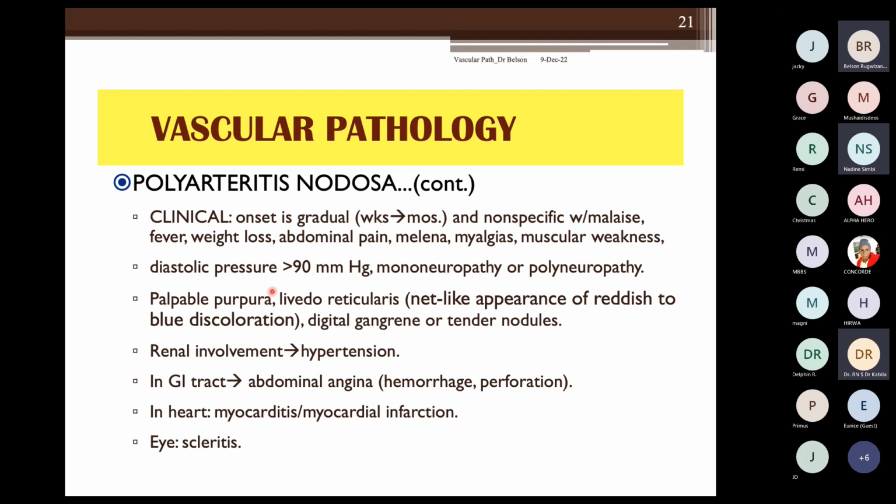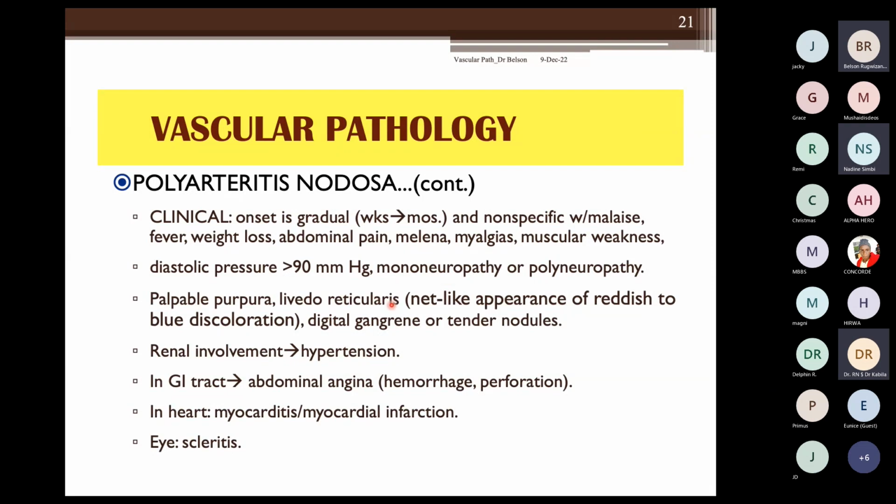So diastolic pressure will be high, and they can have problems with some nerves. So if it is one nerve which is affected, this will be mononeuropathy. If there are many nerves, it will be polyneuropathy.